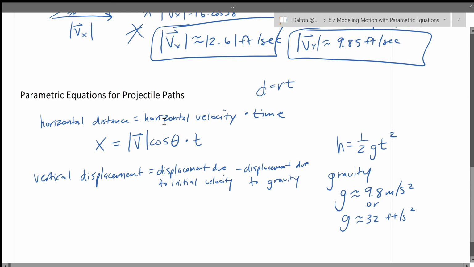Okay, and here we're using horizontal distance versus vertical displacement.